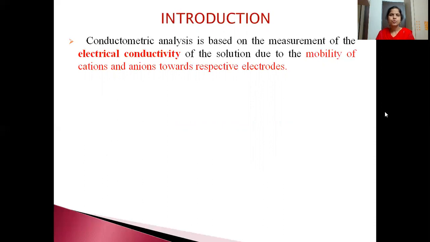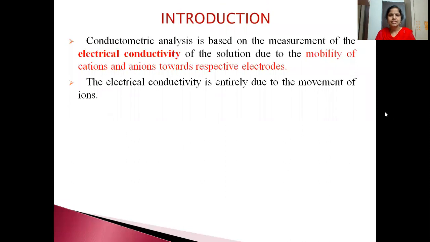Because of that movement of ions to their respective electrodes, the transfer of electrons takes place. That is nothing but what helps in the passage of the current. So in this conductometry experiment, we have to measure that particular conductance.